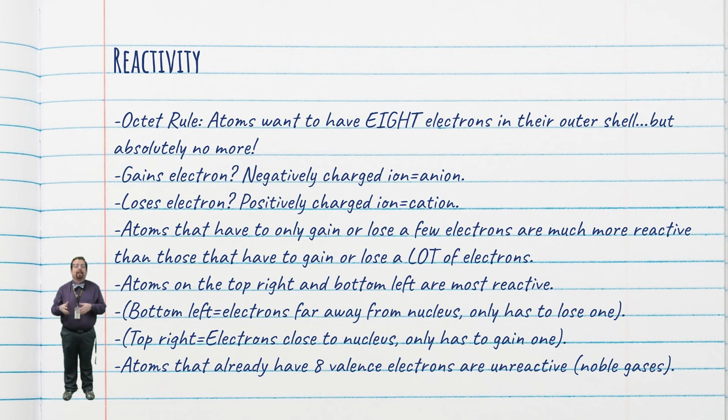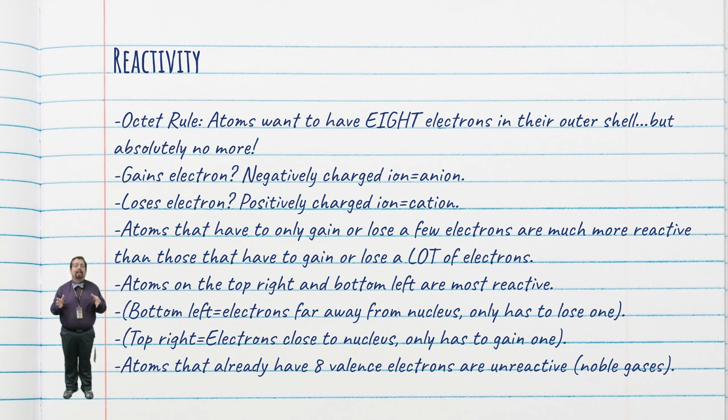Atoms that only need to lose or gain 1 electron, such as those in groups 1 or 7 with 1 or 7 valence electrons respectively, are much more reactive than those that need to lose 2 or 3. In general, elements to the left of carbon lose electrons to get to an octet, and those to the right of carbon gain electrons to get to an octet.